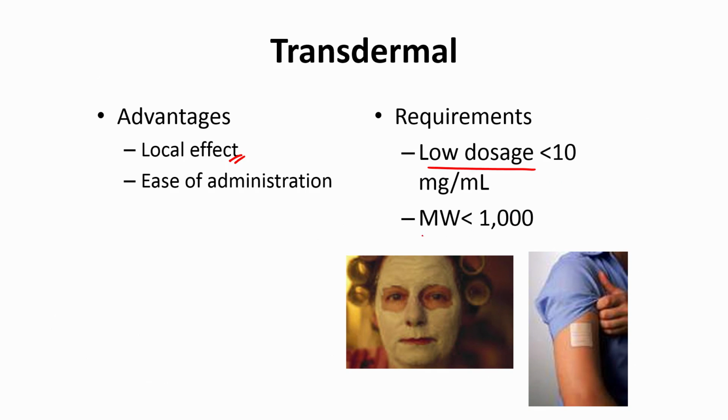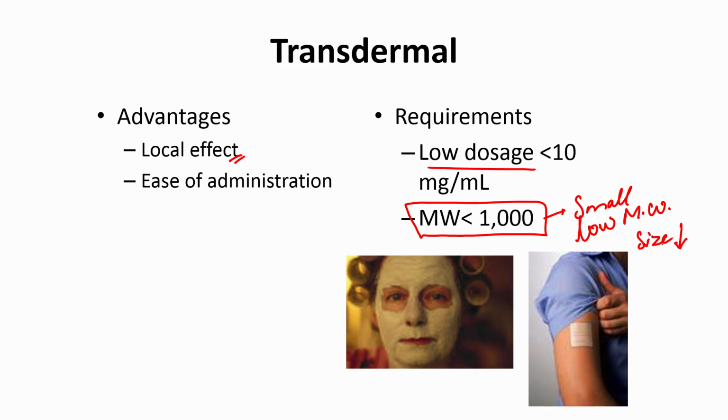So, first of all, a very small amount of drug can be given, and then secondly, the drug has to be small as well, so low molecular weight. If the molecular weight is higher, then the size is higher. Only as you decrease the size can you actually think about delivering it through the skin.